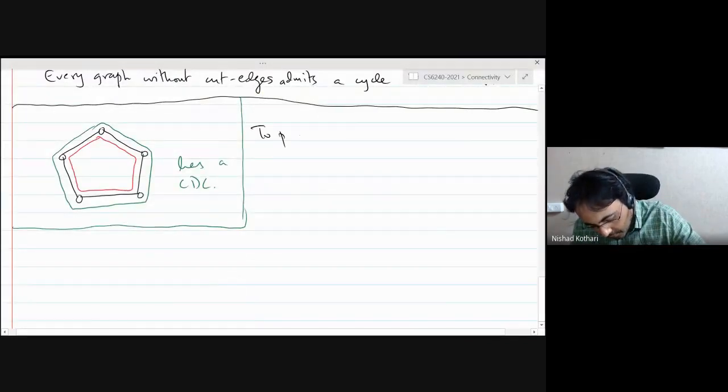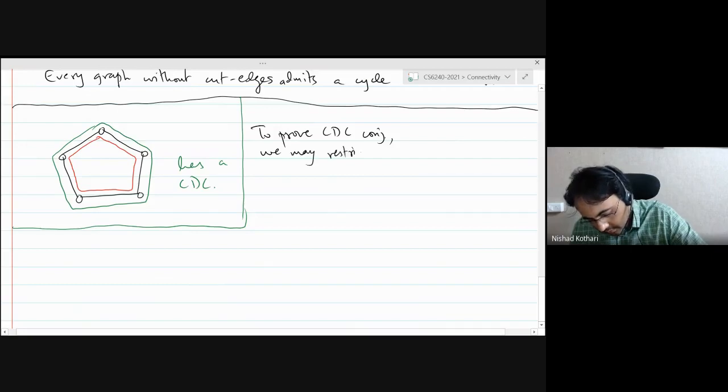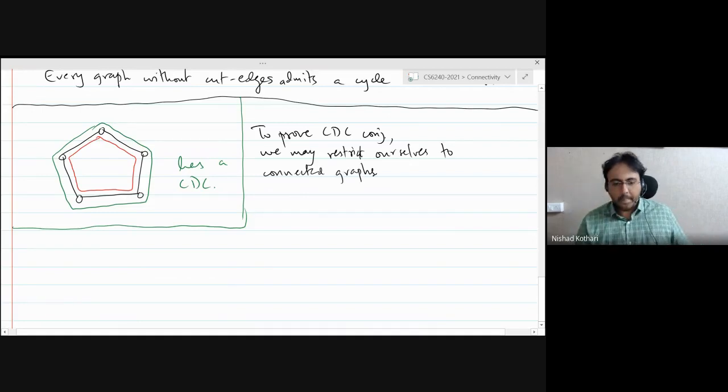To prove the cycle double cover conjecture, we may restrict ourselves to connected graphs. In other words, if you prove it for connected graphs, then you have proved it for all graphs. Does everybody agree with this?